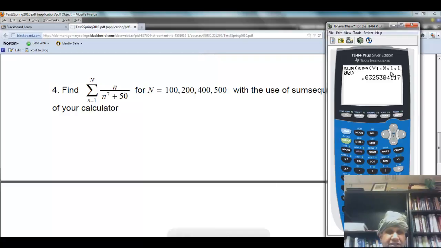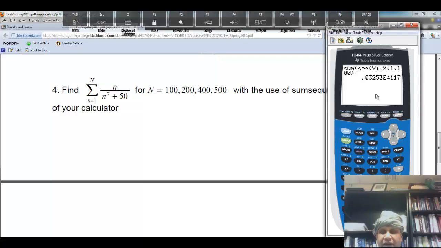So we want to write the first 10 terms. Let's get our calculator. First thing we have to do is keep this in radian mode.